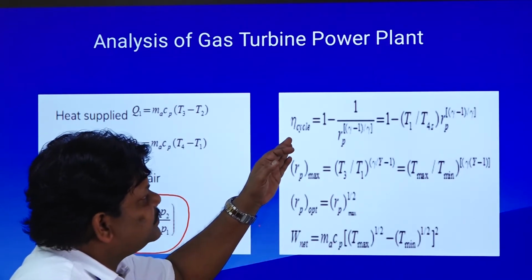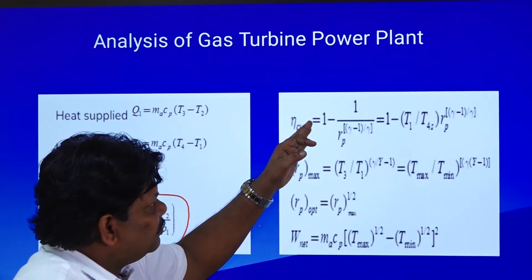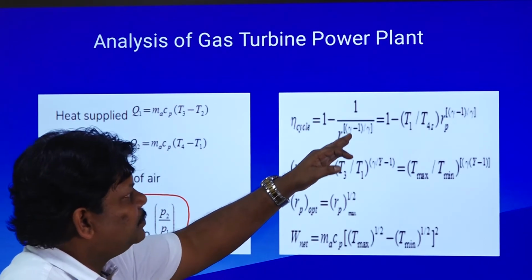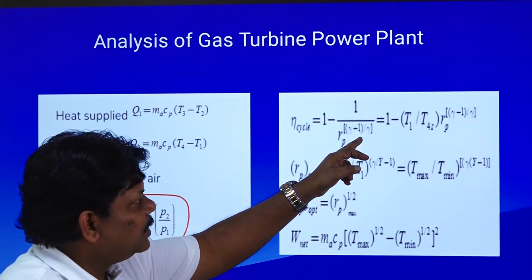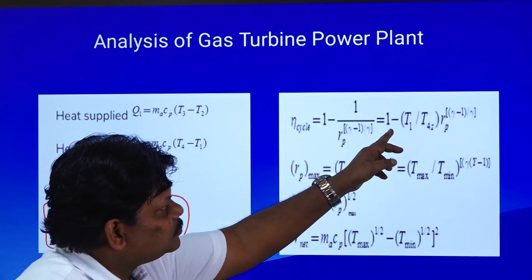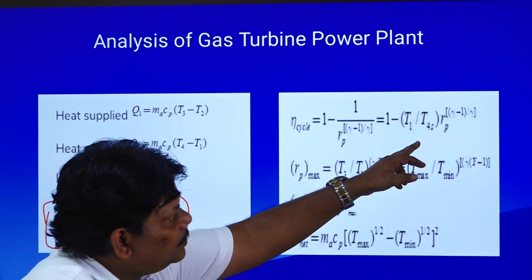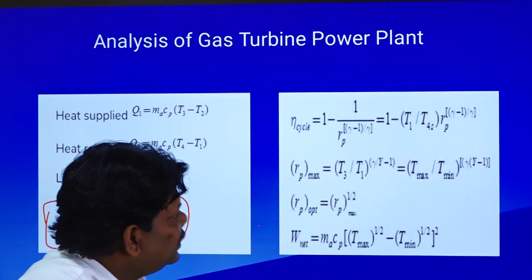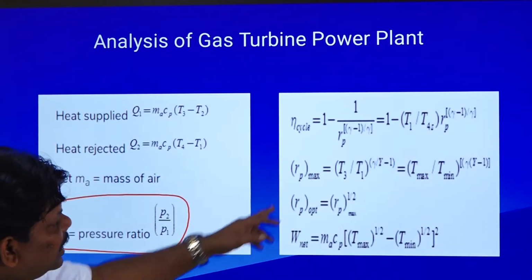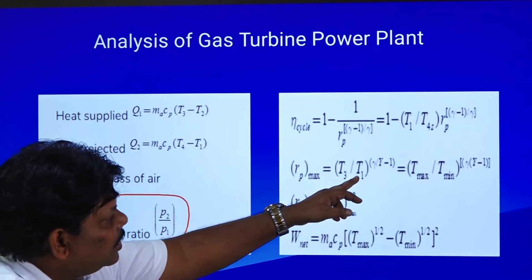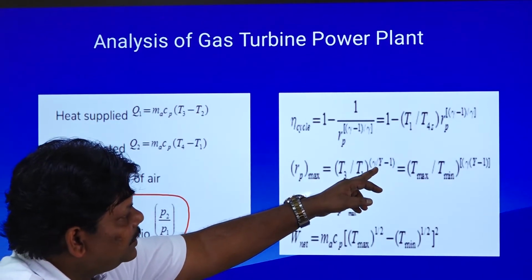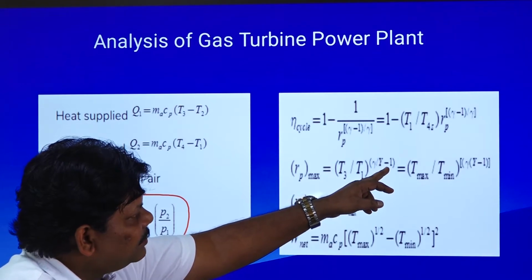The efficiency of the cycle is equal to 1 minus 1 by Rp to the power (gamma minus 1) by gamma. This can also be written as 1 minus (T1 by T4) to the power (gamma minus 1) by gamma. And Rp max is equal to (T3 by T1) to the power gamma by (gamma minus 1).